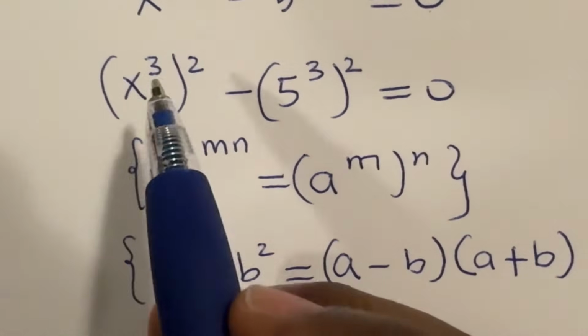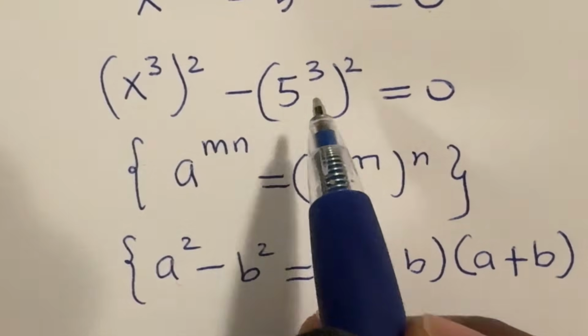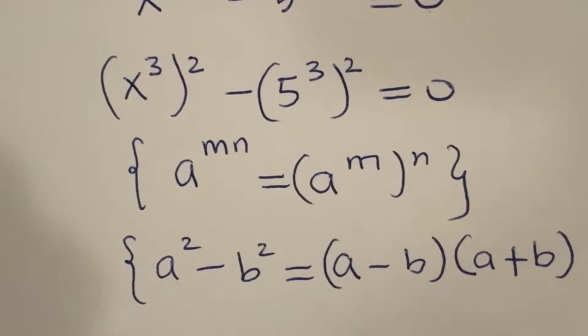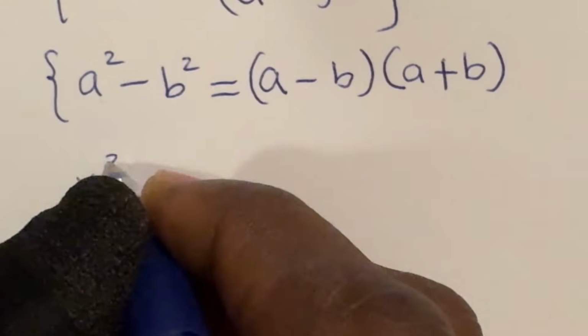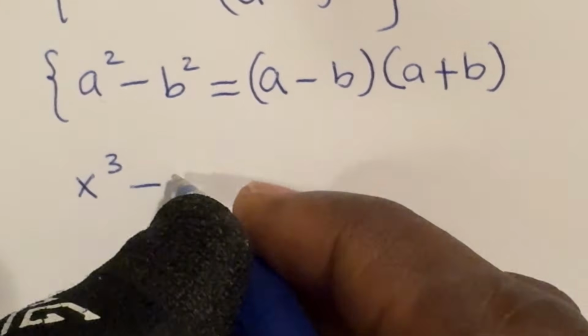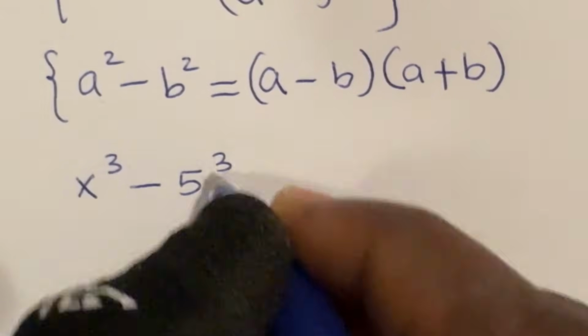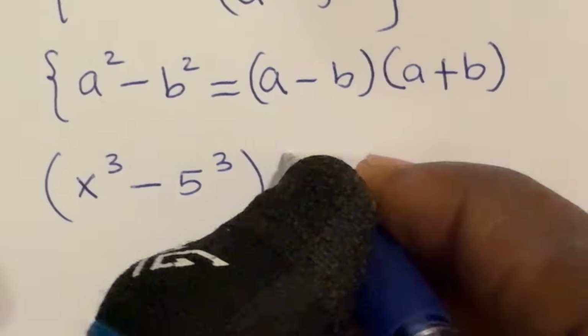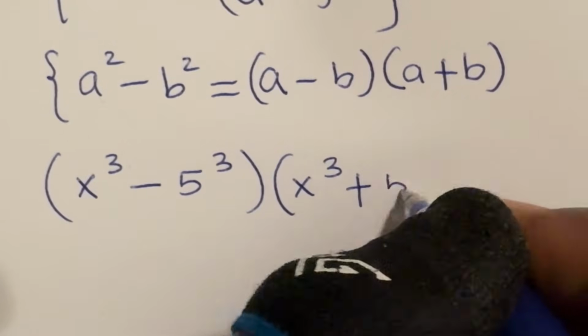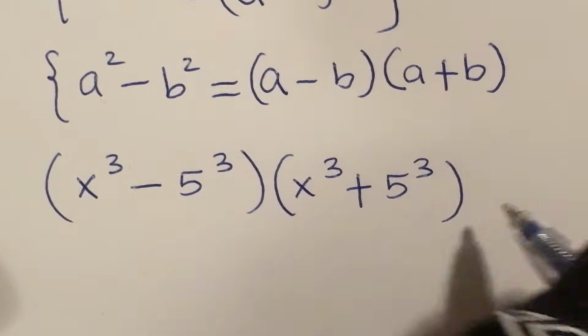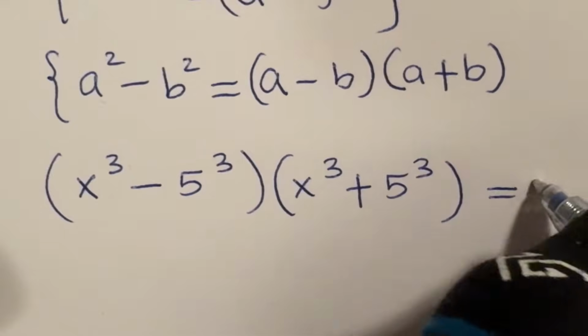So we'll say let our a be x raised to power 3 and our b be 5 raised to power 3. So we have x raised to power 3 minus 5 raised to power 3 times x raised to power 3 plus 5 raised to power 3 is equal to 0.